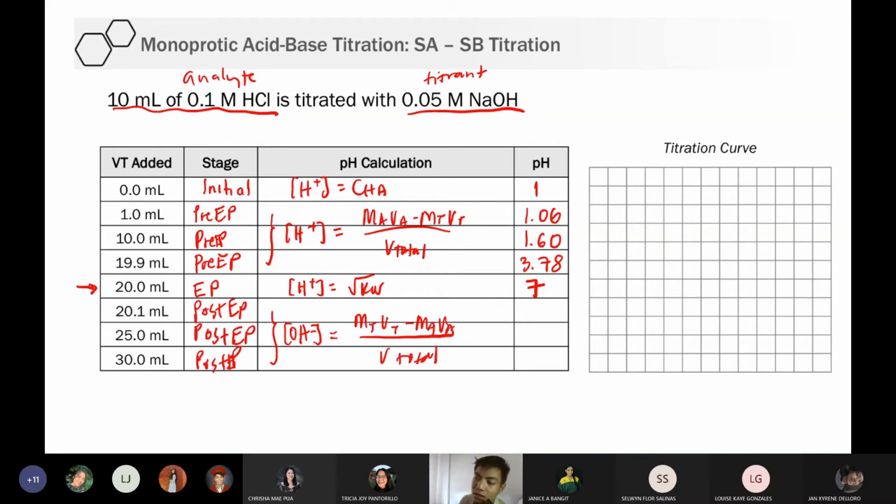Bakit ganyan? Kasi sabi ko nga, sobra na yung titrant, kaya titrant yun nasa harap. Sobra na yung titrant, kaya nga lumagpas na tayo. So plug in the values. Minus log. 20.1 plus 10. So this is 10.22.